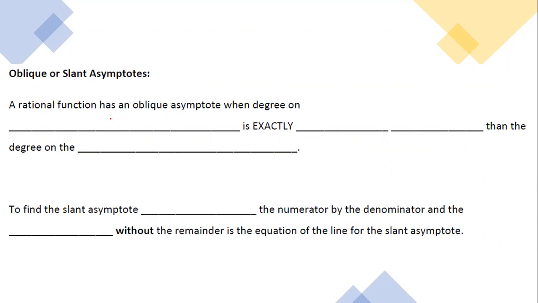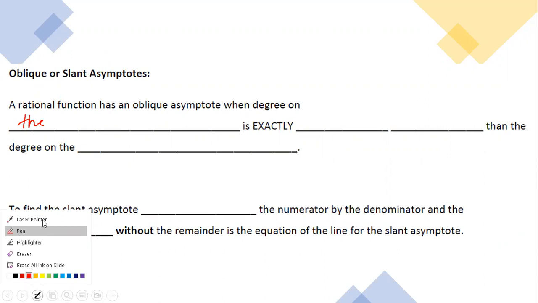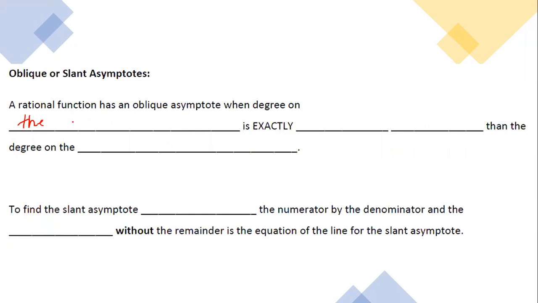A rational function has an oblique asymptote when the degree on the numerator is exactly 1 degree greater than the degree on the denominator.